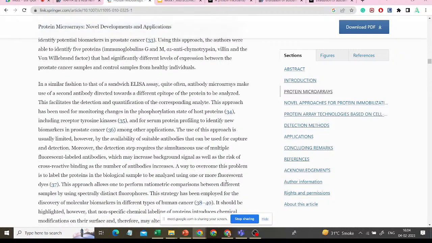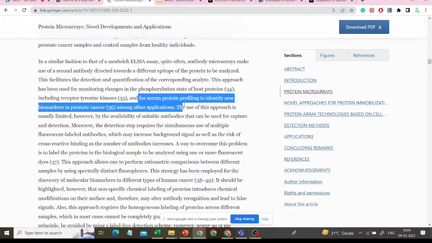Here you can see, as I told you, serum protein profiling to identify new biomarkers. I showed you two papers, and there are other papers which tell that serum protein profiling through microarray is a quite known and robust technique, specifically when you want to analyze particular biomarkers or for early diagnosis, so that in a non-invasive way it becomes quite evident and useful.